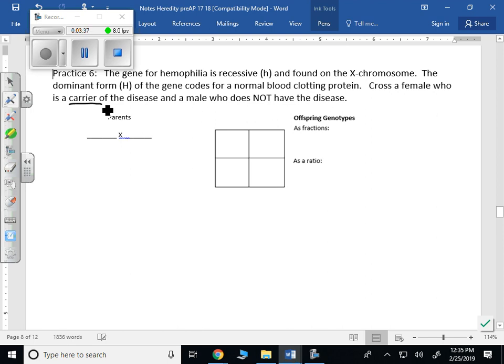So since it's sex-linked for that female, we're going to put XX, and to be a carrier, she has to be heterozygous. She actually has normal blood clotting protein, but she could pass on hemophilia to the next generation. For the male to not have the disease, then he's going to be X big H Y. So again, this female sometimes passes on this X or the other one. The male passes on an X or a Y, bring them down, take them across.